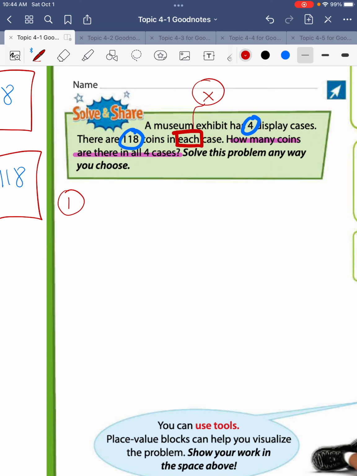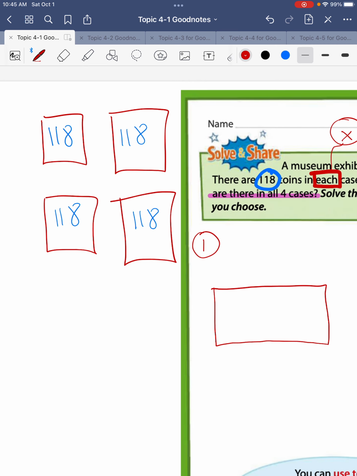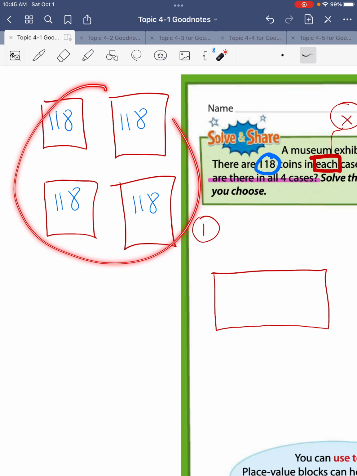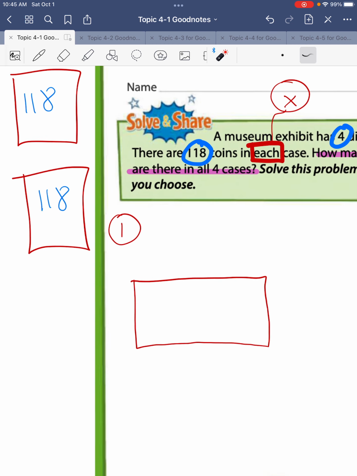I can draw a box. And I can say, okay, well, before I draw my box, when I multiply, we need to figure out, okay, what am I multiplying? Remember, if I look back on here, I need to figure out how many coins are in these 4 cases.